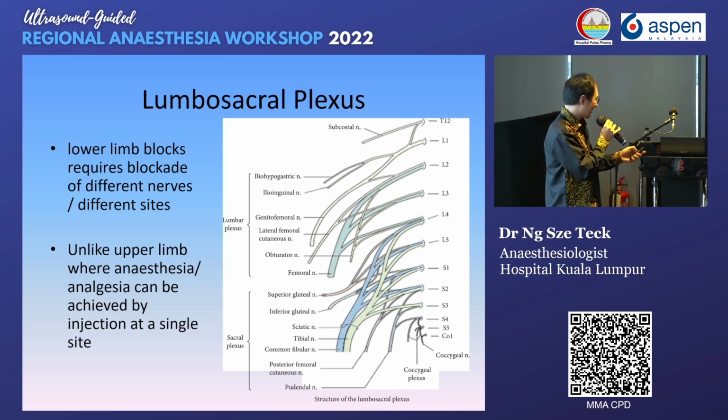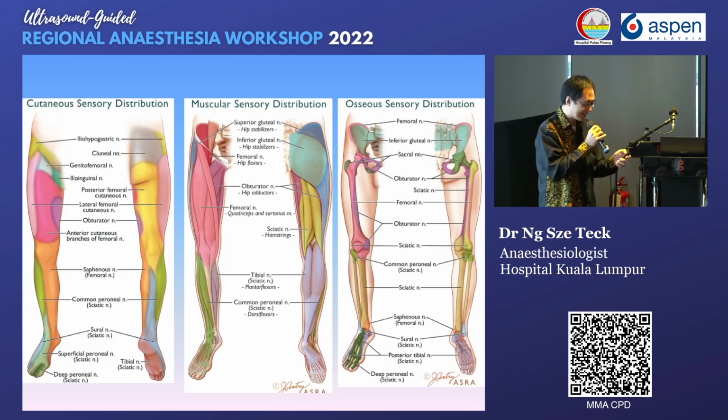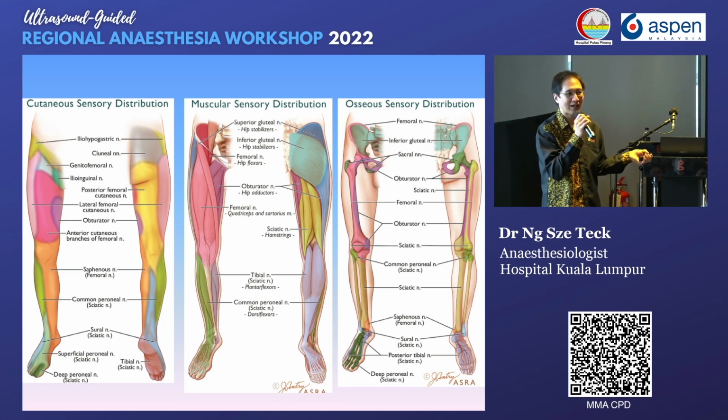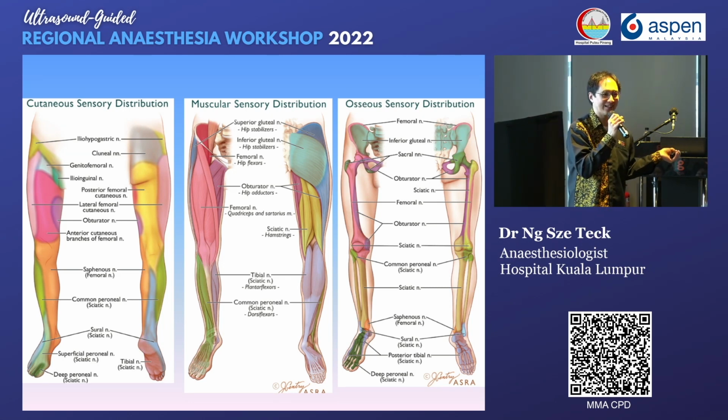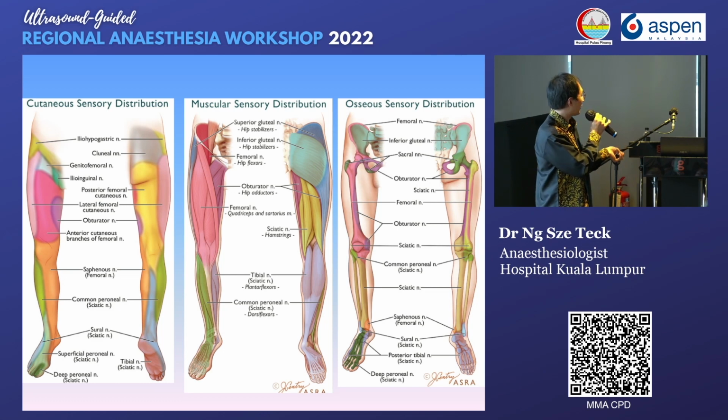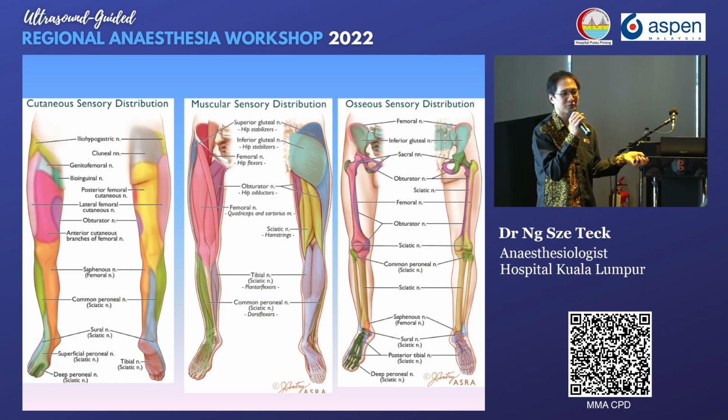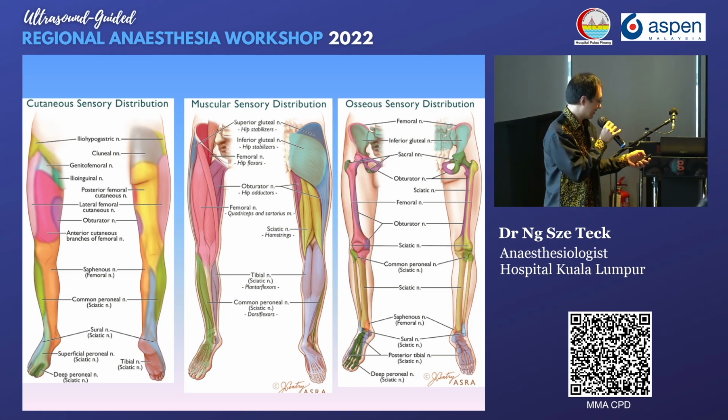All right. This picture is a bit messy. I just want to illustrate to you how complex the innervation of the lower limb is. You have your dermatome, your myotome, and your bony innervations. For example, if your patient comes in with a hip fracture and the surgeon wants to do an interlocking nail, they're going to incise the skin, so you need to block the lateral femoral cutaneous nerve.